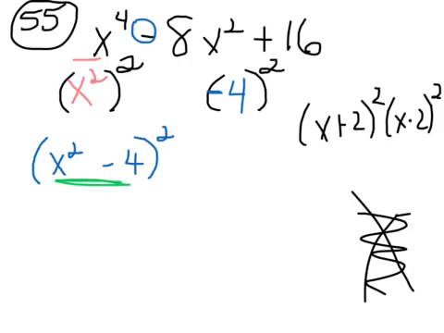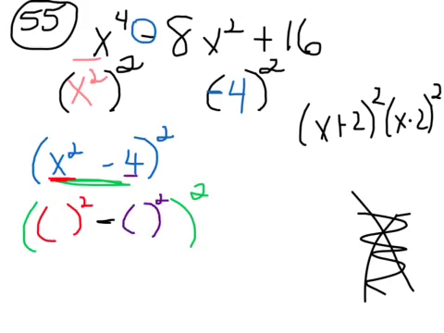You see a perfect square minus another perfect square, right? So inside of here, we have something squared, and we have minus, and then we have, I'll use purple, something else squared, don't we? What do you square to get x squared? x. What do you square to get 4?